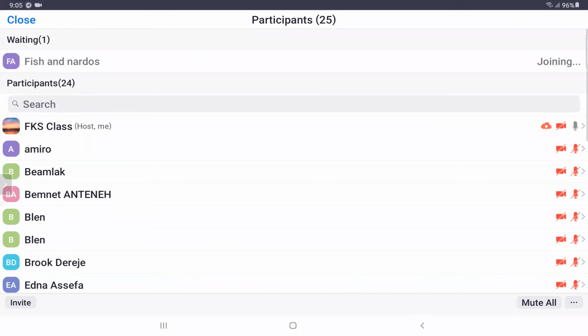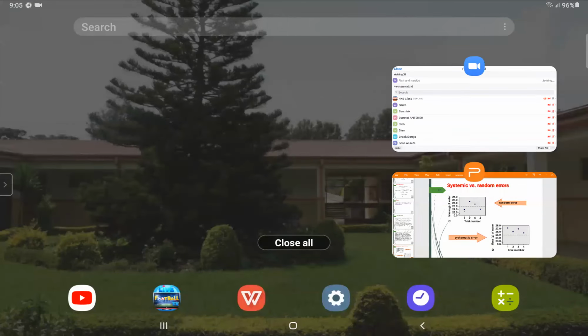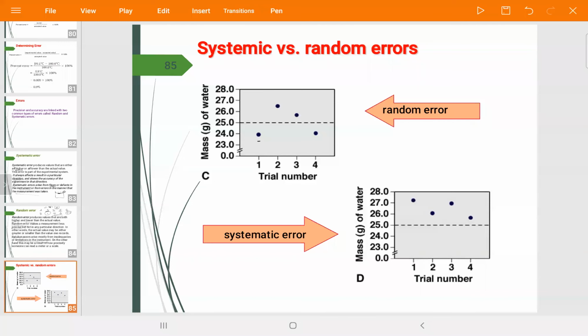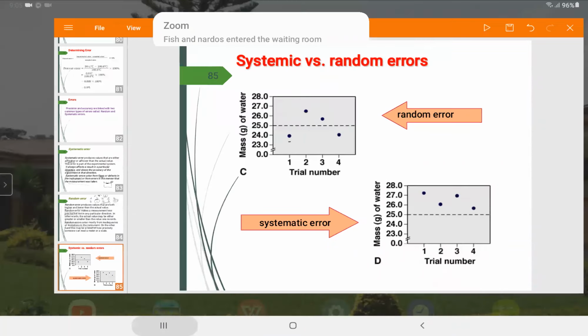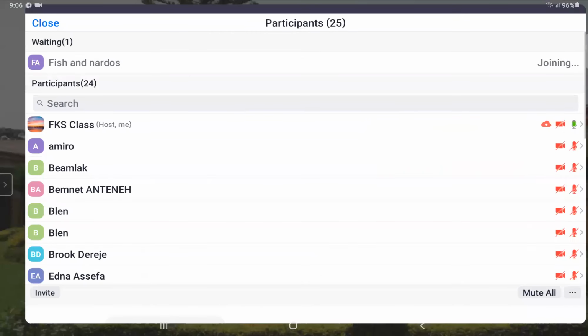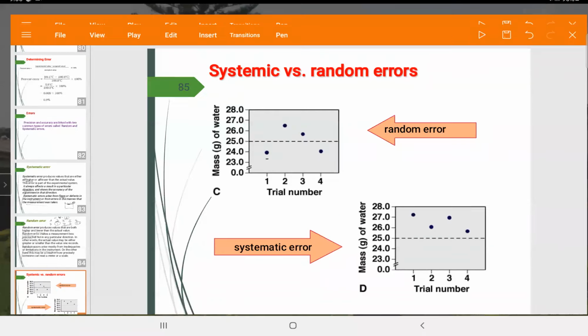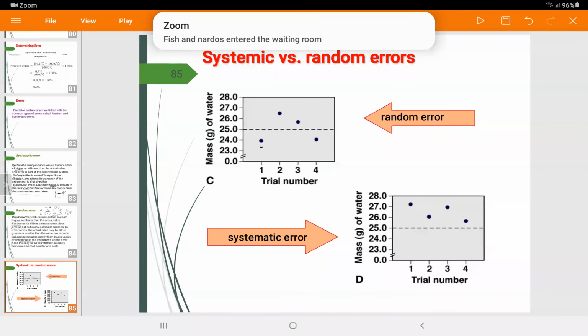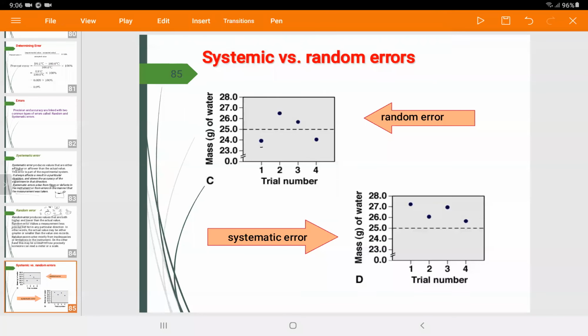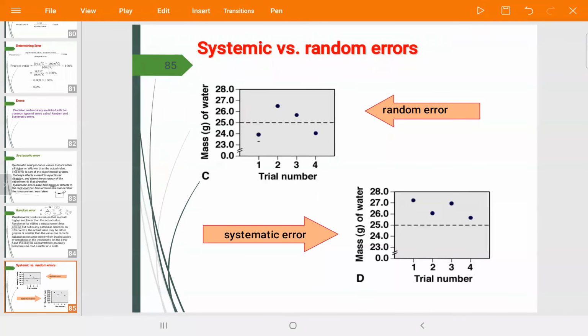Now, as you can see, when you calculate the average of these values, the average value will be closer to the actual value. If you have random error, the accuracy is not affected as much as it's affected by systematic error.